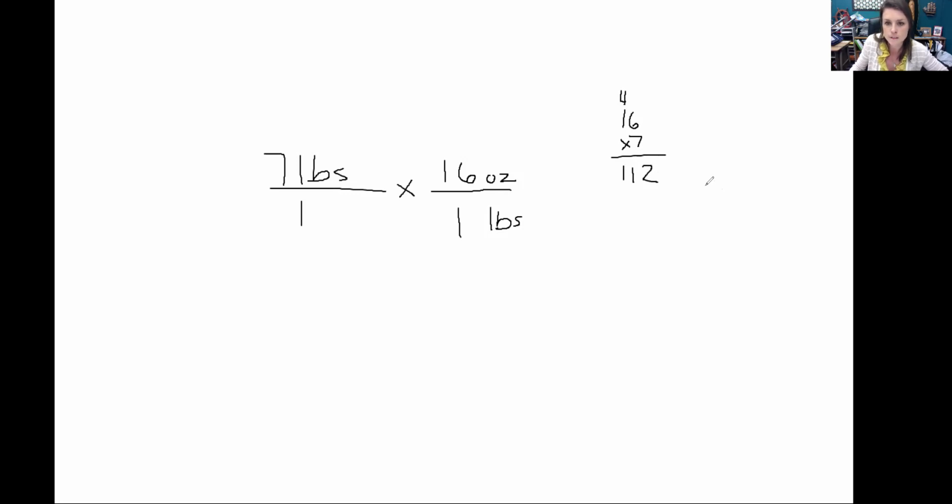Okay, so then you put your 112, and we've got our pounds crossed out, right? 112 ounces over 1, which is the same as 112 ounces. So 7 pounds, oops, so hard to write with this thing, 7 pounds is the same as 112 ounces.